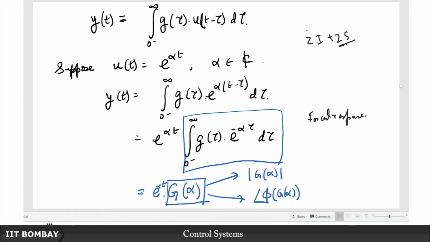In case this alpha happens to be purely imaginary, that means you are exciting the system with some sinusoid or cosinusoid, obviously, because e to the j omega t and e to the minus j omega t correspond to sinusoidal frequencies. In that case there will be transients which are not captured in this response.